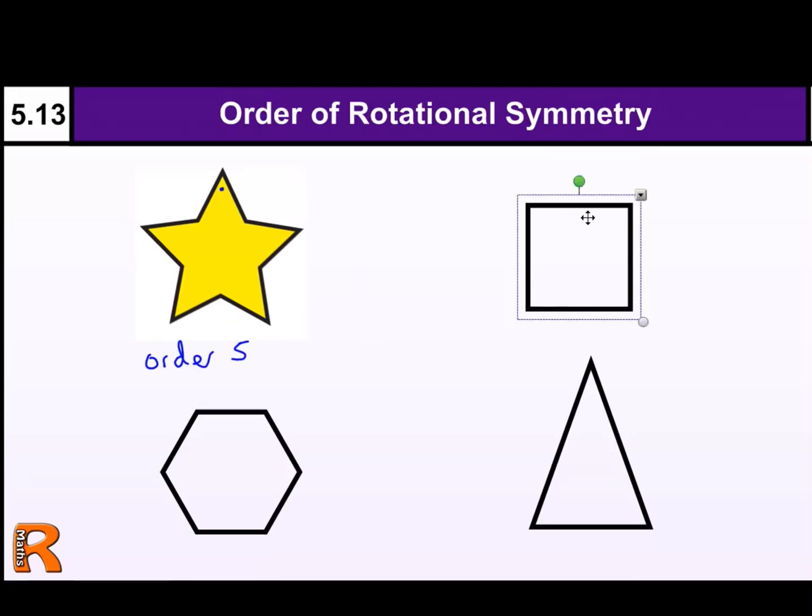Once you've seen a few, then you can get the idea. This is not very complicated, but just got to know what it means and how to say it. So a square, if we spin that around once, twice, 3, and obviously 4 times, so that's order 4 of rotational symmetry. And then we've got this hexagon, and let's actually just mark on a point on that because it's not quite so obvious.